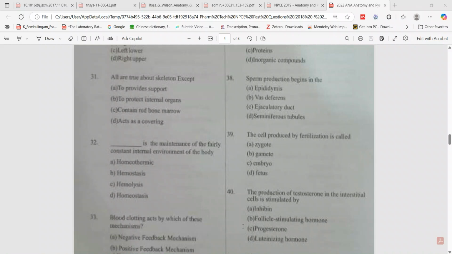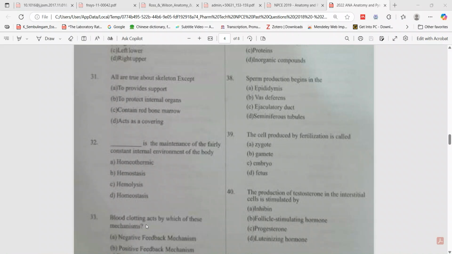Act as a covering. Yeah, because actually it is the skin that acts as a covering. Aside from humans, there are animals whose skeleton acts as a covering. That's exoskeleton, as in some insects and lower animals.